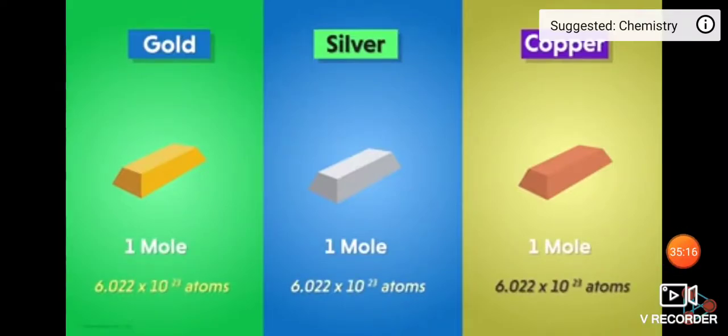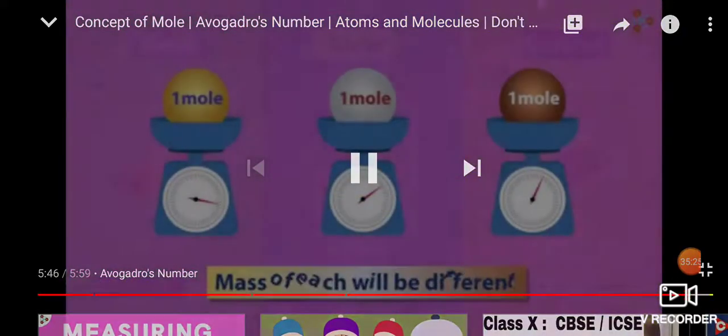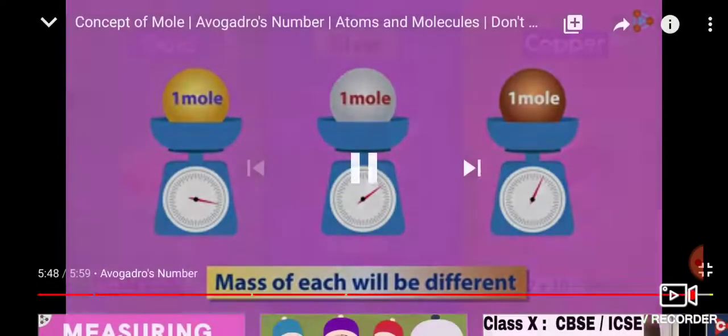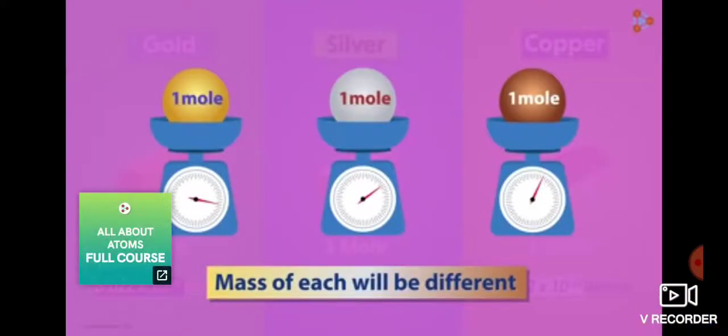That is 6.022 times 10 raised to 23 atoms. This number is the Avogadro's number. However, the mass of each one will be different. That's because the mass of individual atoms that make up these elements is different.